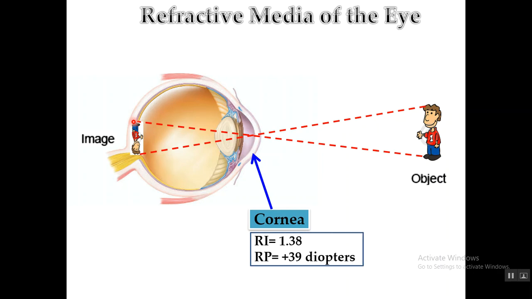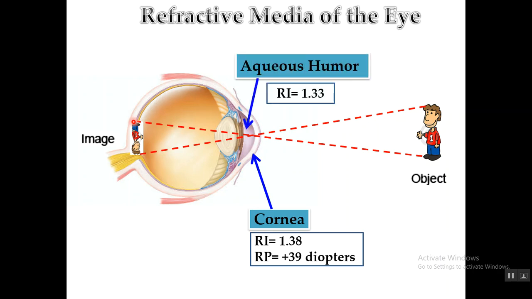The first one is the cornea, having a refractive index of 1.38 and a refractive power of plus 39 diopters. The aqueous humor has a refractive index of 1.33.